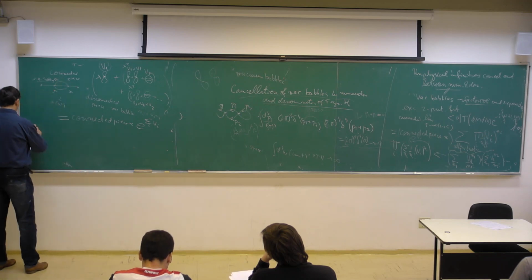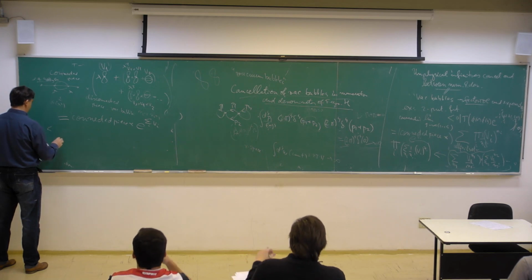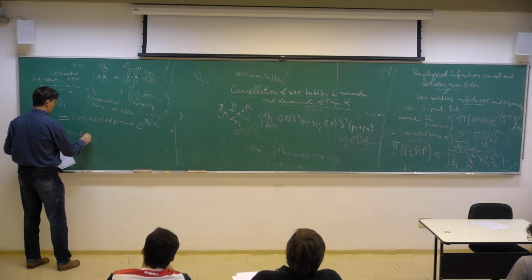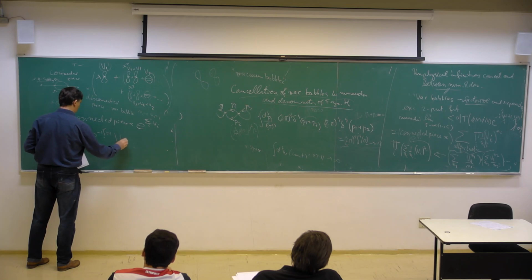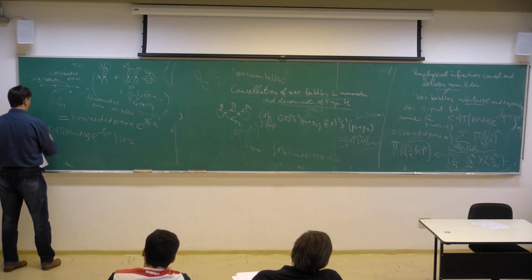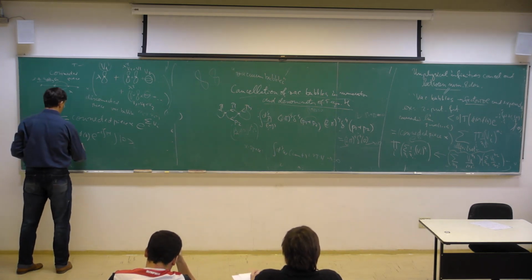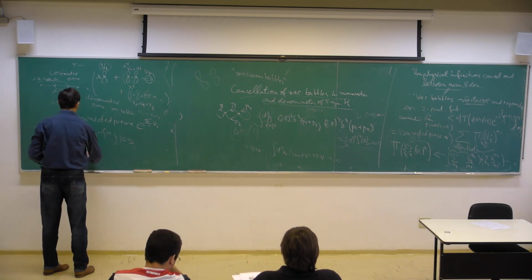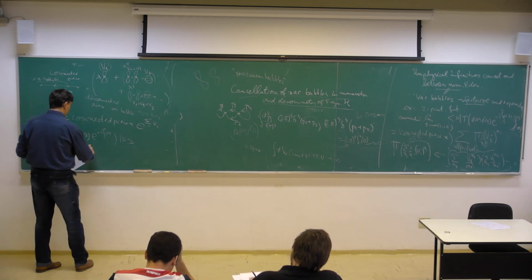So all in all, I have that this object, the object in the numerator, is equal to, so now I have all the possible connected diagrams.